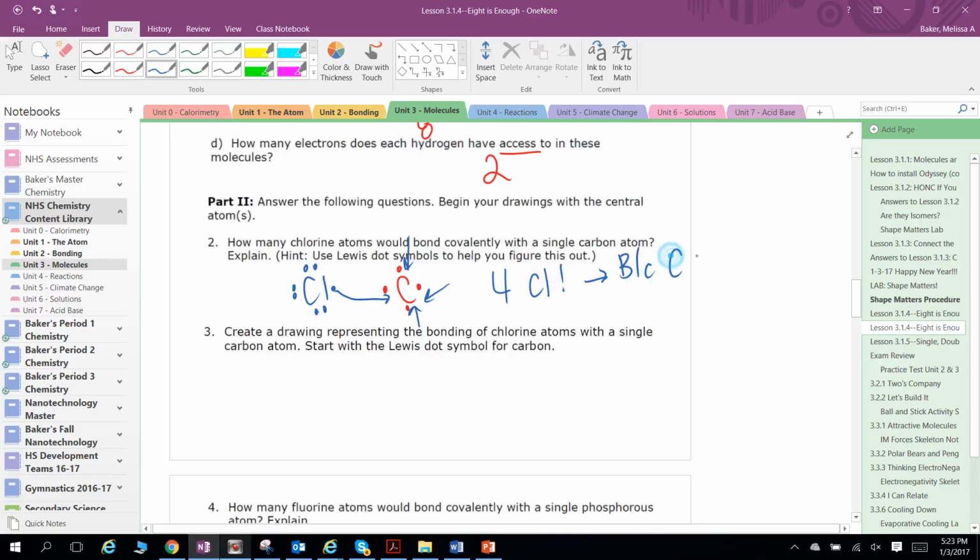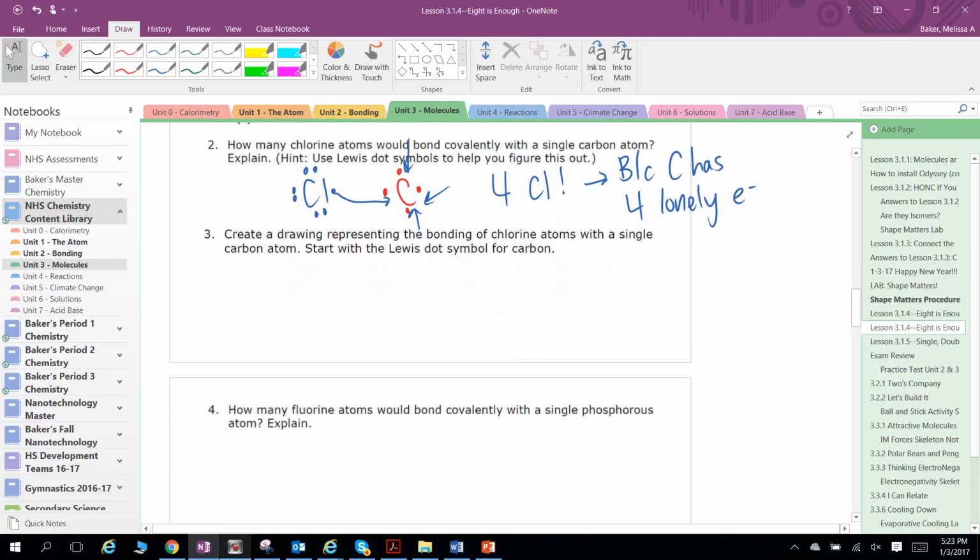Because carbon has 4 lonely electrons. Create a drawing representing the bonding of chlorine atoms with a single carbon atom. Start with the Lewis dot symbol for carbon. So it wants us to officially draw this out. I'm going to sketch my 7 valence electrons for each chlorine, pointing the lonely electron at the carbon so they can share.